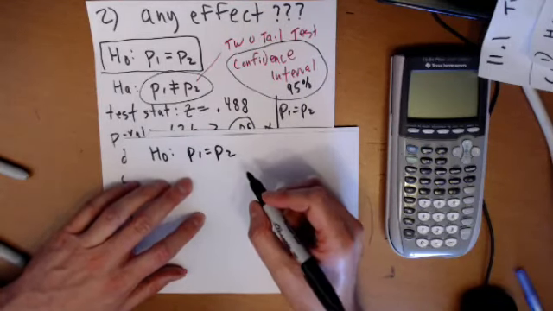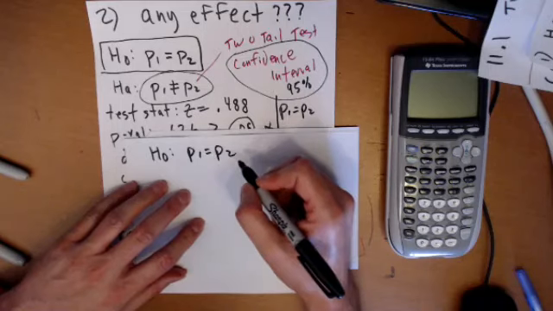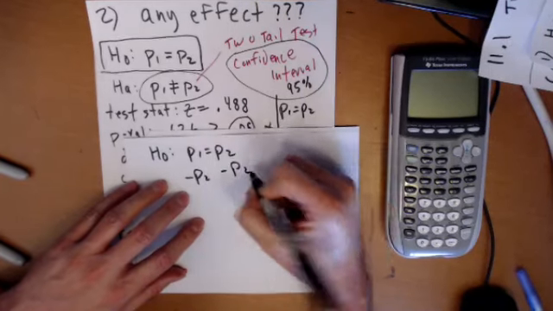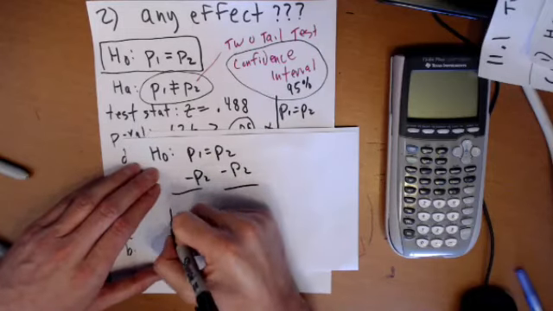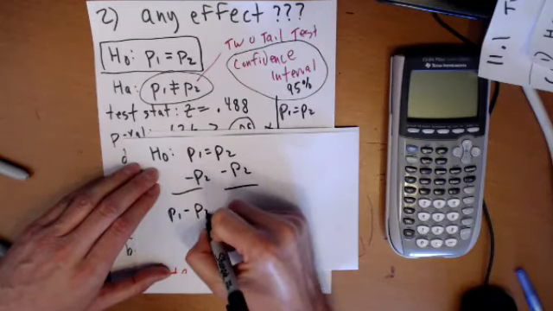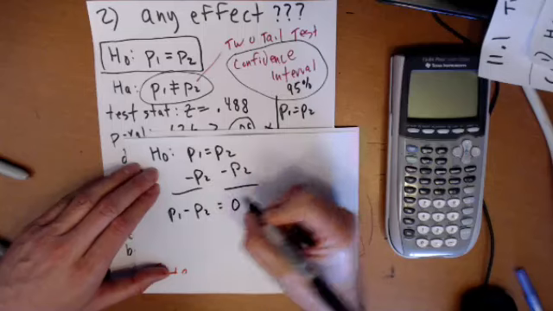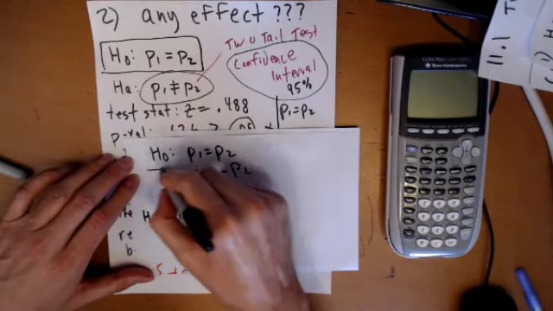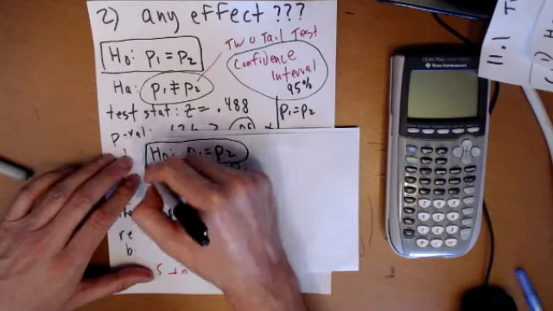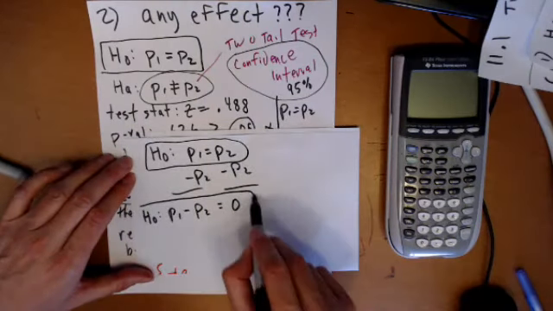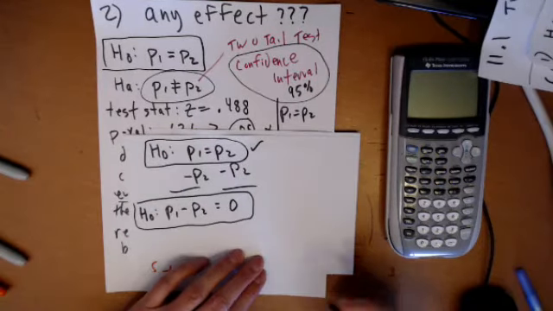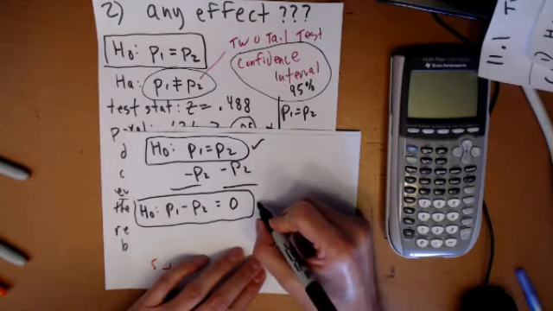What if I take that idea and just rearrange it algebraically? What if I subtract P2 from both sides? Then that would be P1 minus P2 is equal to 0. So the null hypothesis, you could write it like that, or you could write it like that. Most of the time we write it like that, but it's helpful to sometimes think of the idea like this.